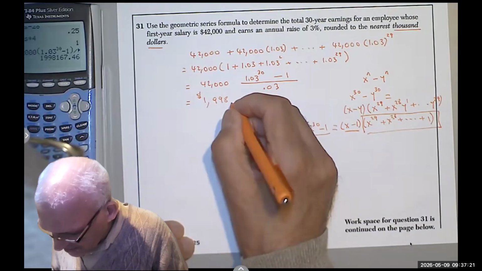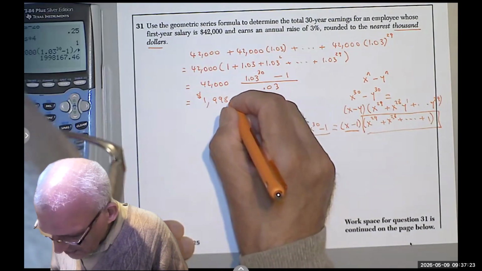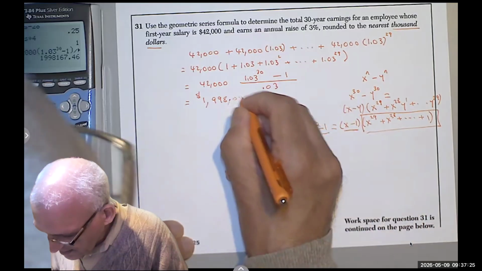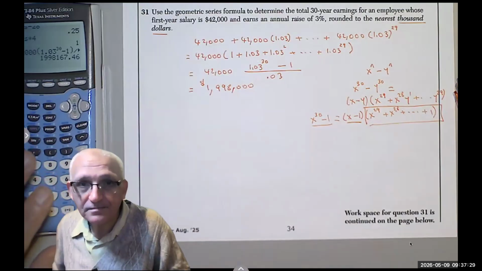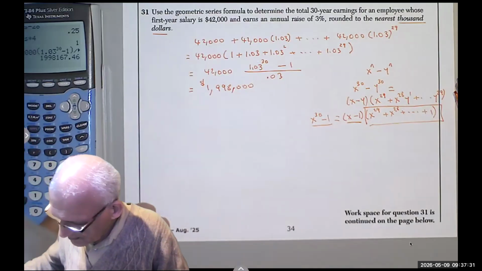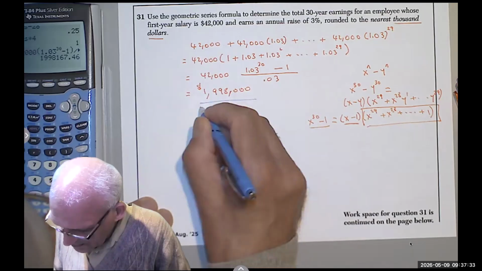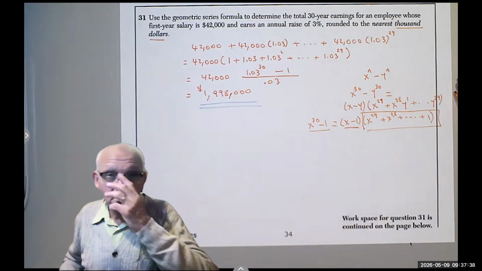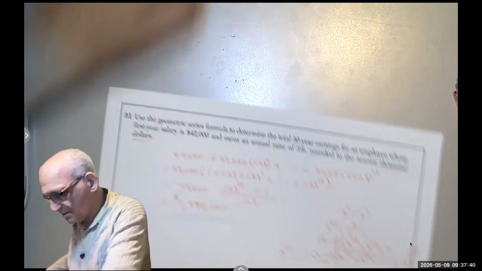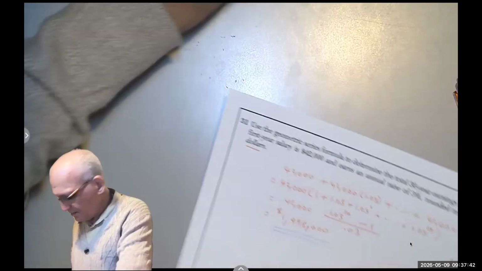They said to the nearest thousand. So that's it. Almost $2 million. Okay. So that's number 31.